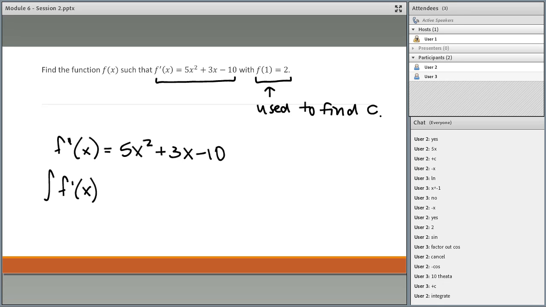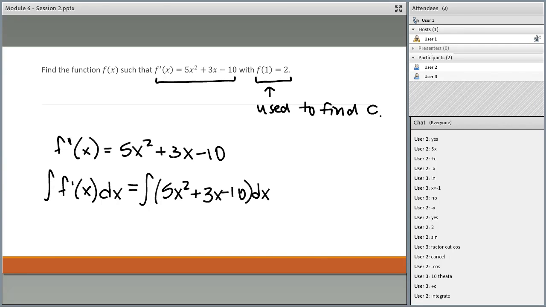Good. I'm going to integrate. So if I integrate f prime of x dx, just saying with respect to x, that will get me to the original function. So I'm integrating 5x squared plus 3x minus 10 dx.